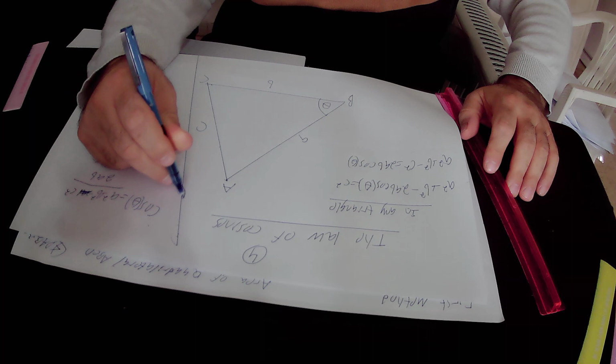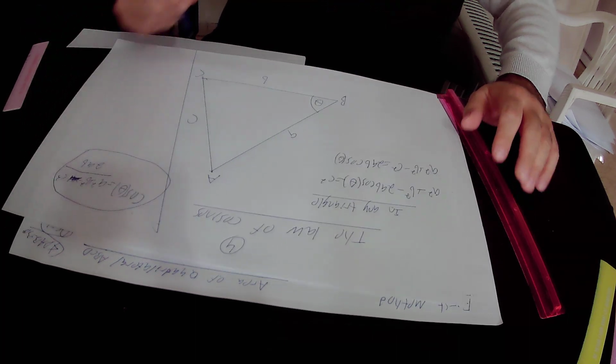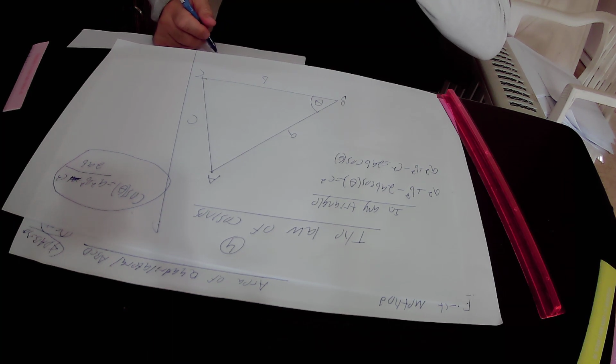Again, cosine theta equals A squared plus B squared minus C squared over 2 times AB, and this equation is true for any triangle.